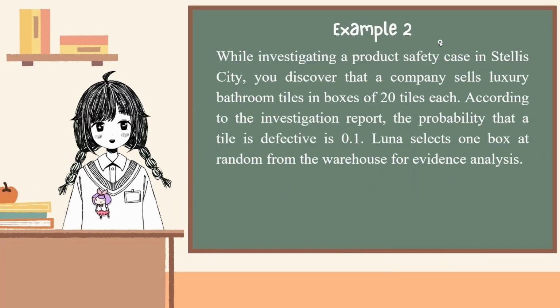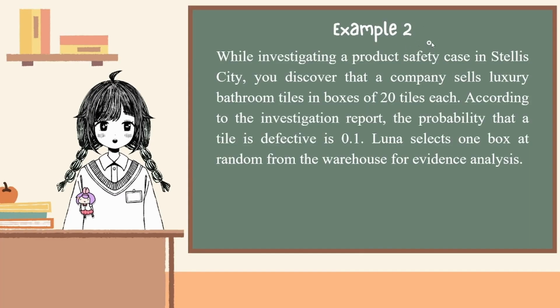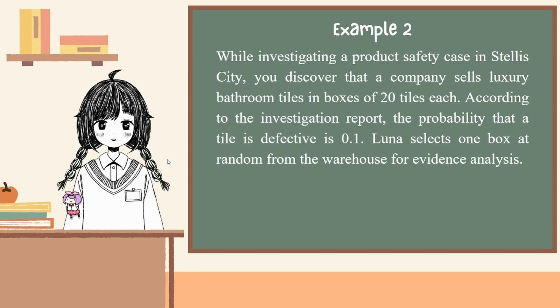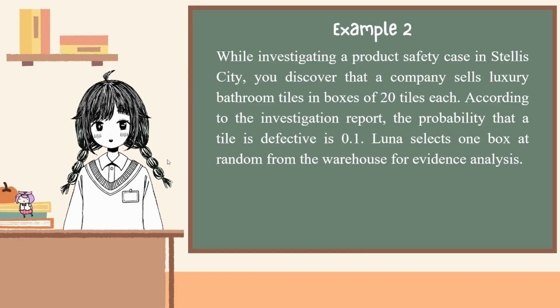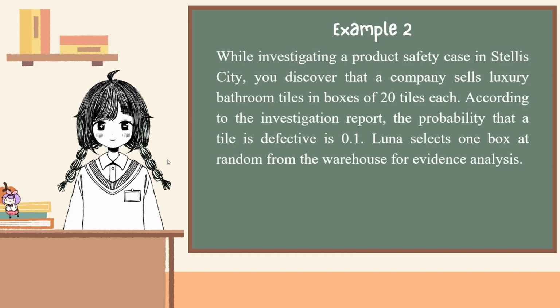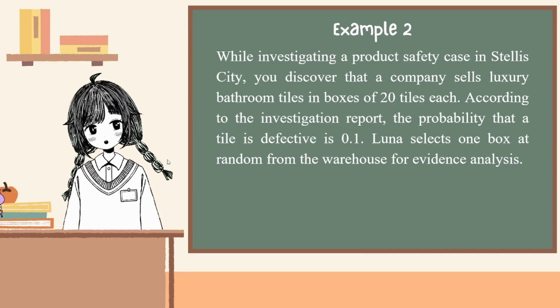Now we can try a real exercise example. In example 2, the question is: while investigating a product safety case in statistics, you discover a company sells luxury bathroom tiles in boxes of 20 tiles each.